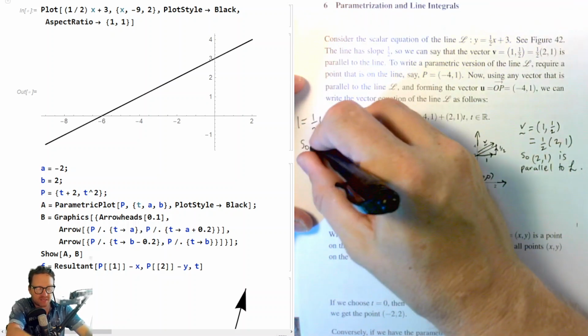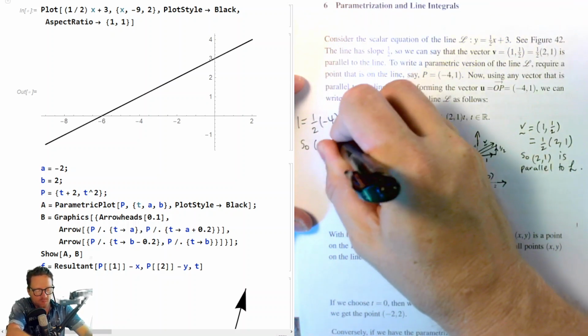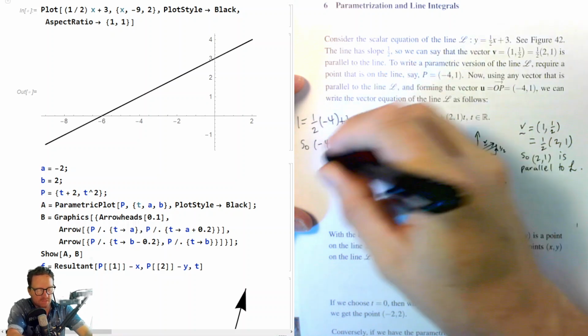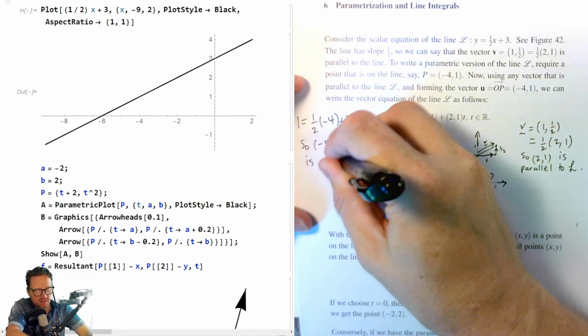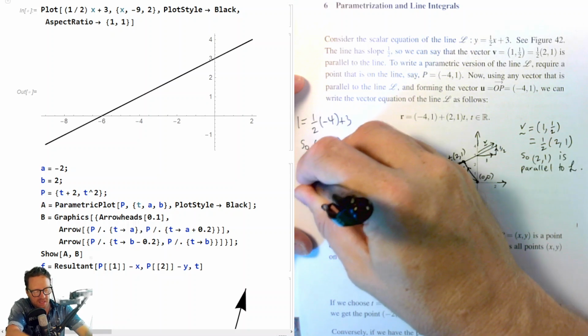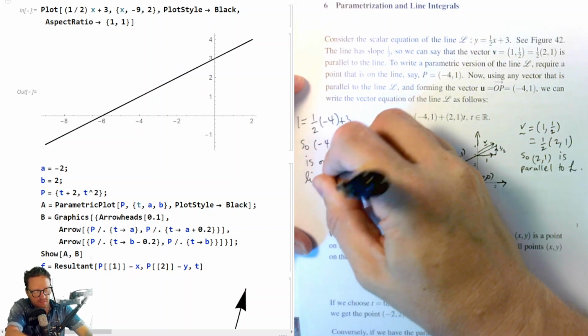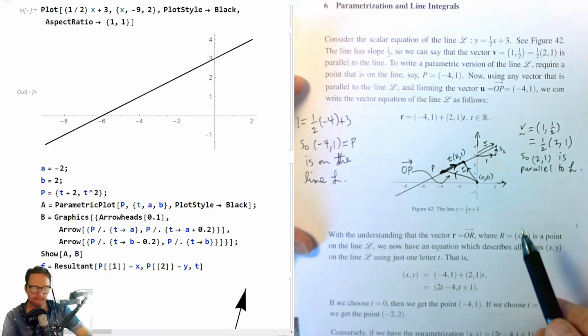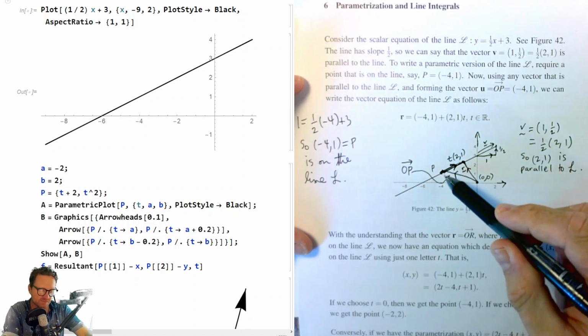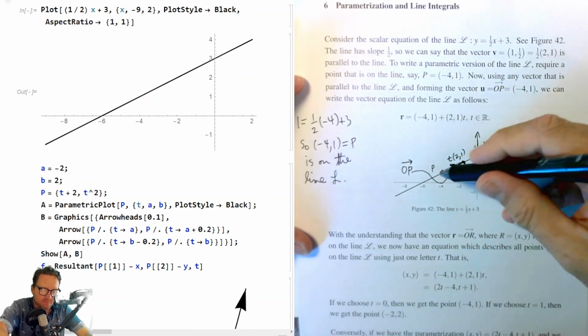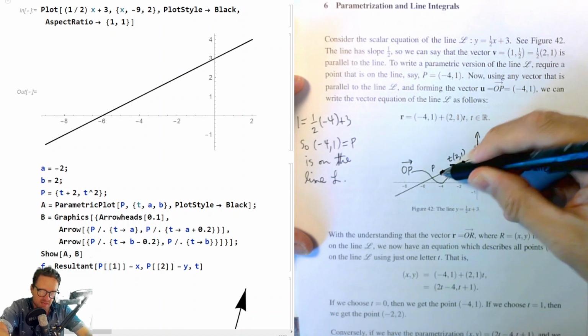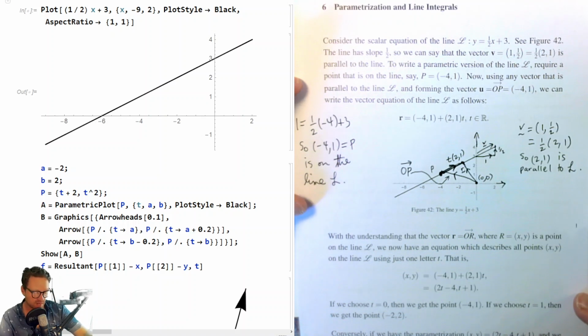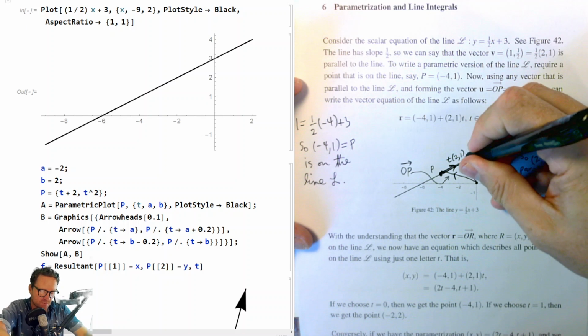So we have a point, -4, 1, that is on the line L. Something like this, -4, 1, and I happen to have put it in roughly that place on the diagram, which is great.